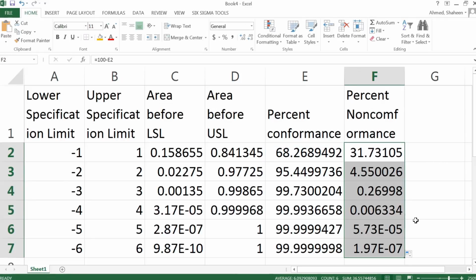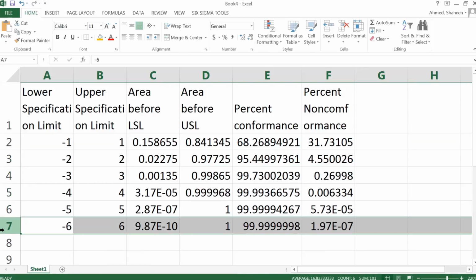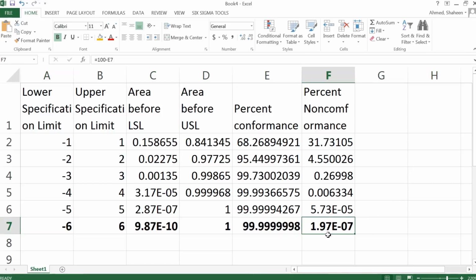As you can see, the numbers are too small. If we have a machine that can produce up to 6 sigma standard, this is 1.97, so I can see only 2% out of 10 million products will be defective.